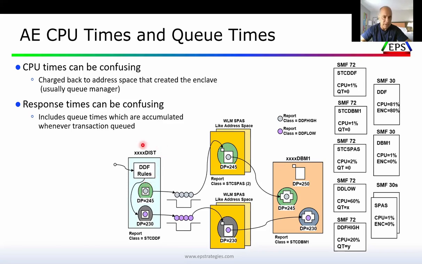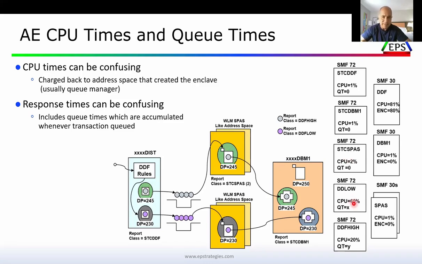In this particular case, if I take every one of these address spaces and put them into their own report classes, and I take the transactions and put them into their own report classes, what you're going to find is that the report classes for the dist address space, the DBM1 address space, and the SPAS address space only have a little bit of CPU time relative to these transactions.